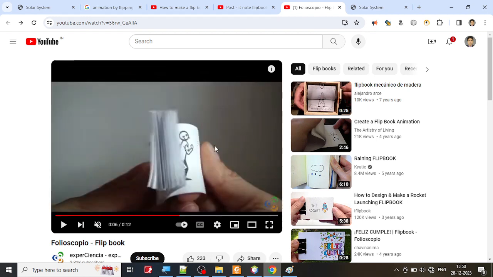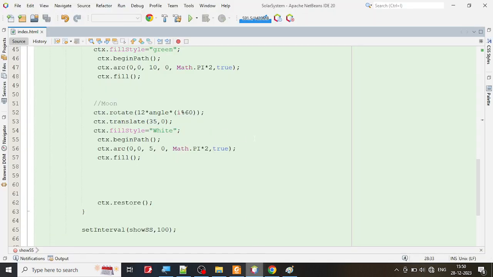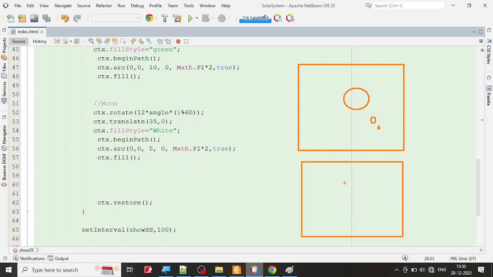So you draw one. Actually, every second you are drawing the sun, the earth, the moon. Within 1 second, 60 times you're going to draw the whole thing. So you draw the earth slightly moved, the moon slightly moved, while the background remains the same.